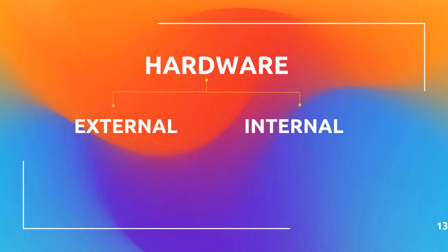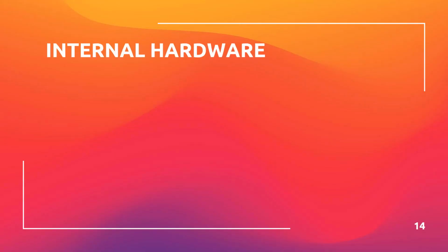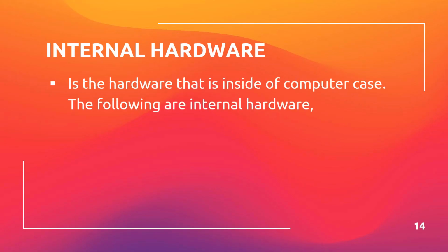In hardware, you can categorize into two types or classes, which are external and internal hardware. What is internal hardware? It's the hardware that is inside the computer case, or CPU.